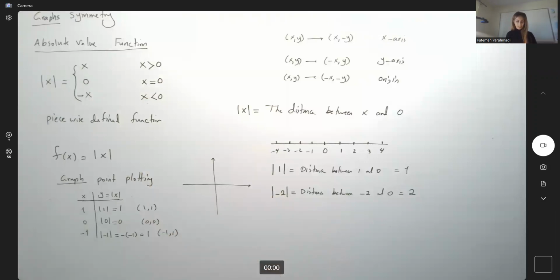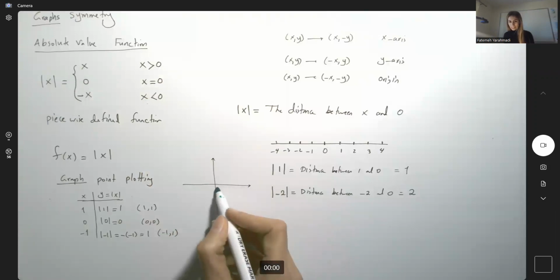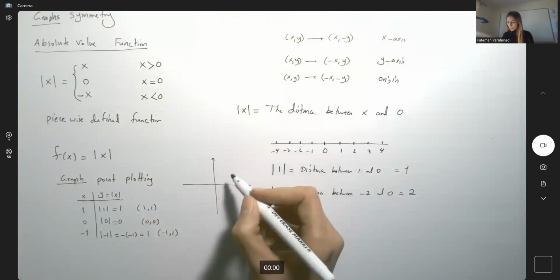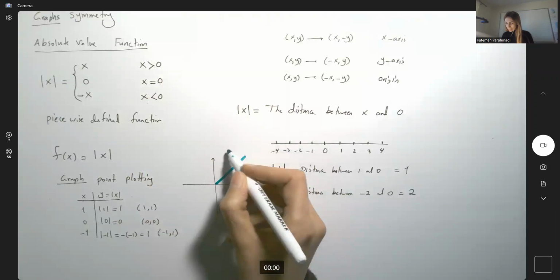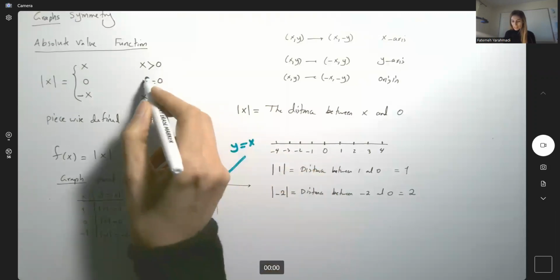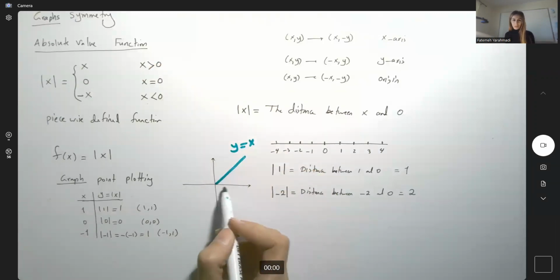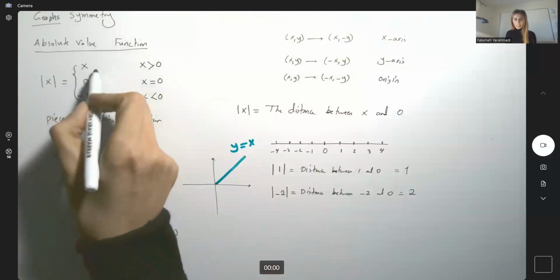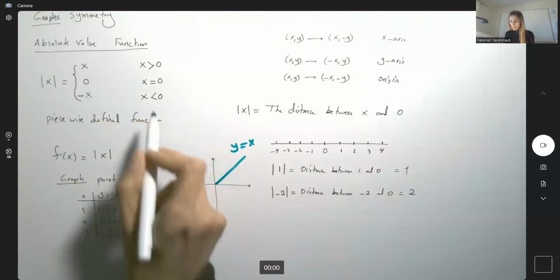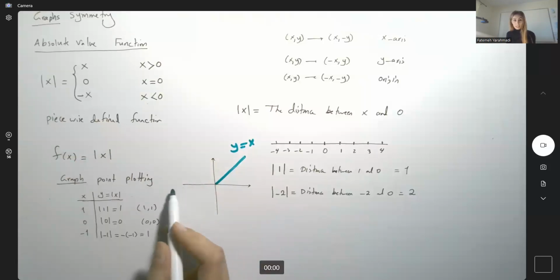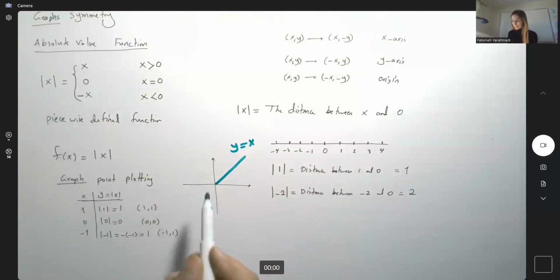2 pieces of lines. If x is positive, my y equals x. x is positive, it means that I am on the right-hand side of the x-axis. My y is x. If x is negative, if I am on the left-hand side of the x-axis, my y is -x.